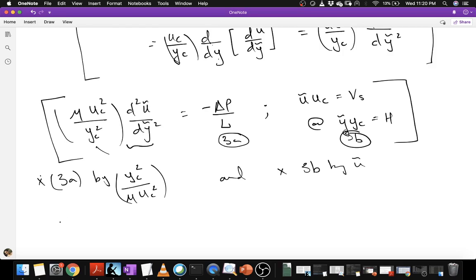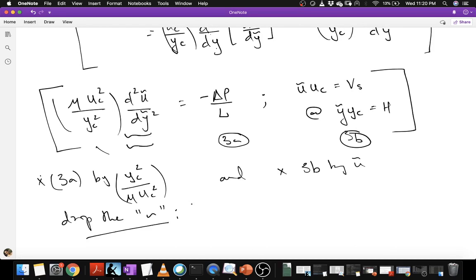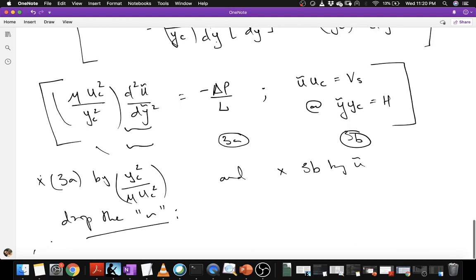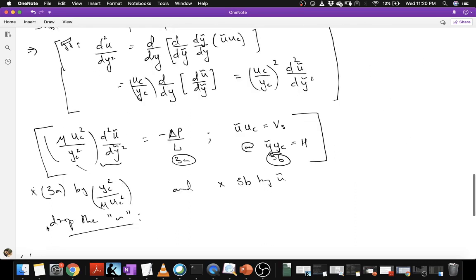Okay, so what do we get? Also, now let us drop the tilde. Why? This is just so that it's easier for me to write the equations. But we will remember that the variables u and y are now dimensionless. So what do we get?